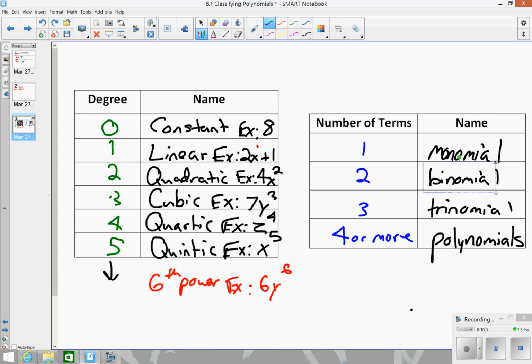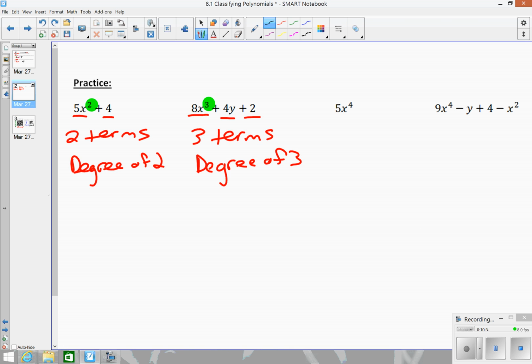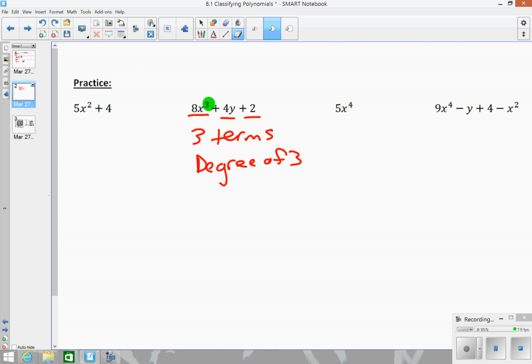Okay, good. So let's go back, and I'm going to go through the first example. Now I already have these. I said that we have two terms is to the degree of 2. Well, I know that. Let me erase this. Now, I'm always going to go by the degree first.